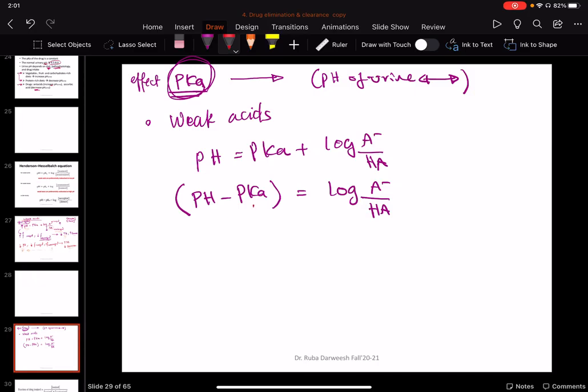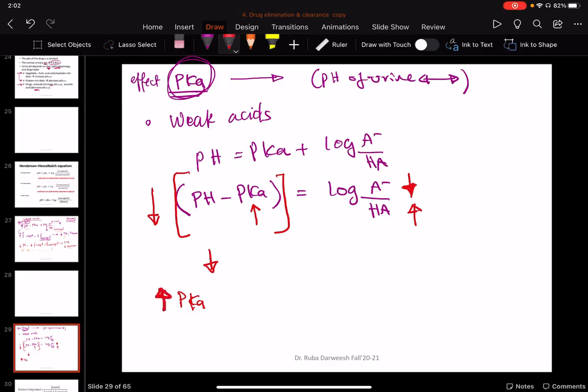If the pKa of the drug is increasing, the total of pH minus pKa would be less, which means a lower ionized fraction and a higher non-ionized fraction.